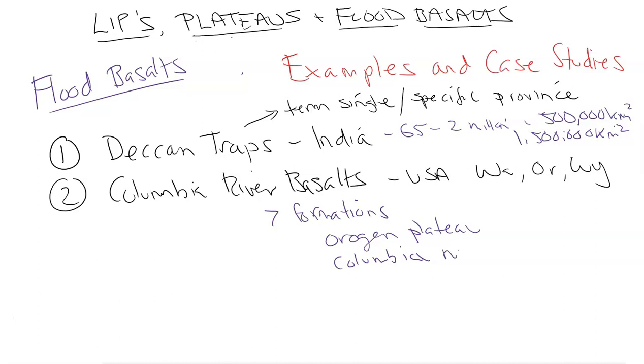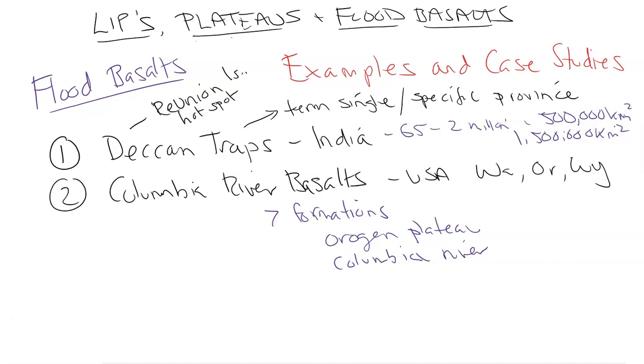The Deccan Traps is linked to the Reunion Island hotspot, which has migrated over the course of 65 million years from that location. It's an oceanic hotspot now, but before it was where India was, and it formed the Deccan Traps.